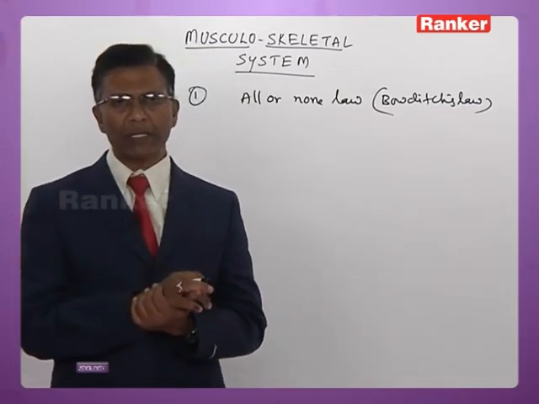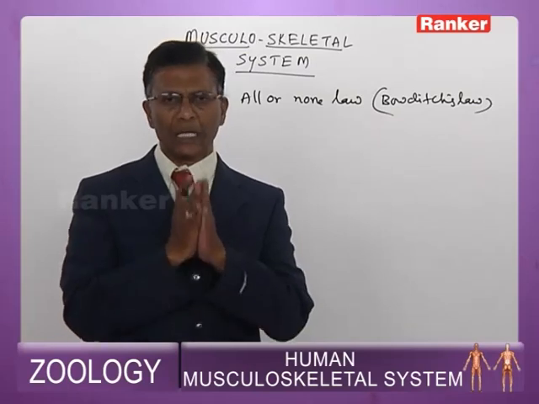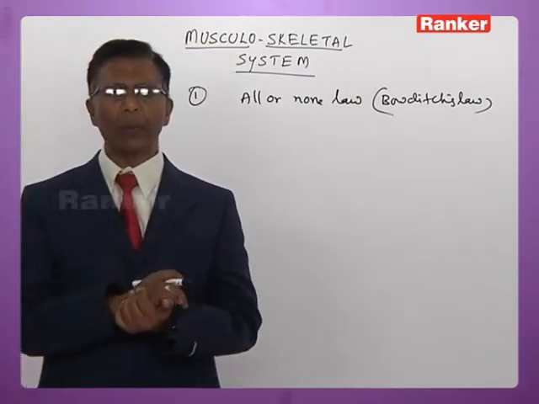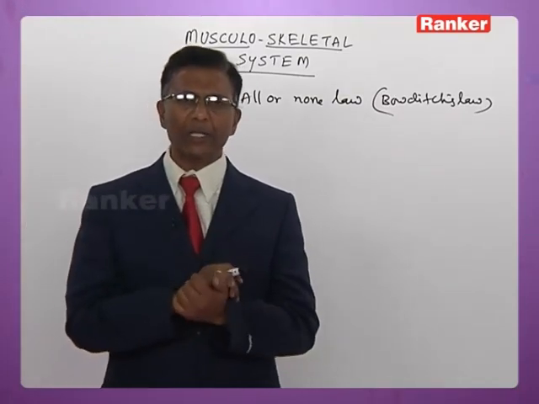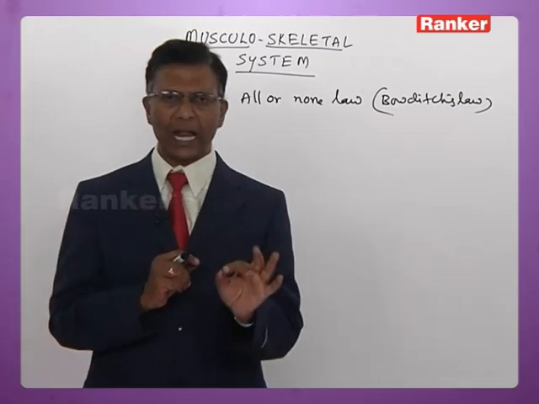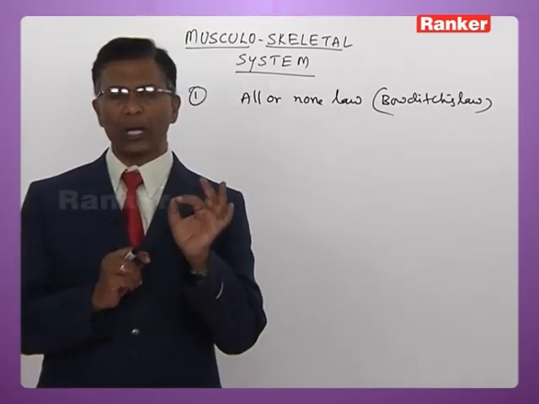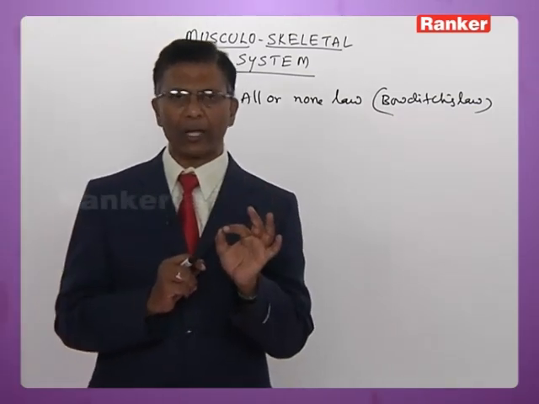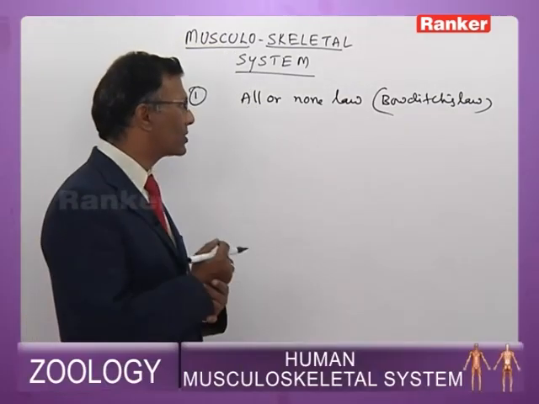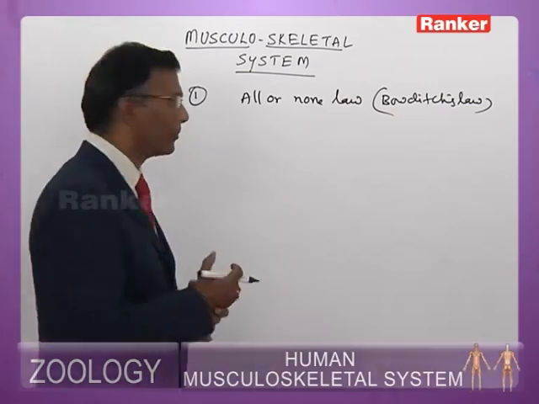So in skeletal muscles only motor units obey all or none law, whereas in cardiac muscle the entire cardiac muscle obeys it. So what is all or none law? When a stimulus is given, if it is threshold, the muscle contracts. If it is non-threshold, the muscle does not contract at all, it does not show any response. This is called Bowditch law or all or none law.